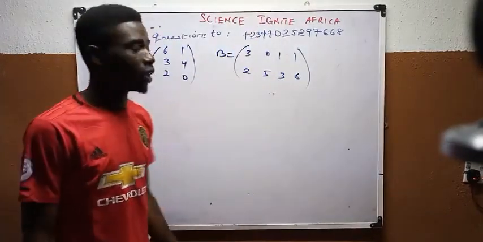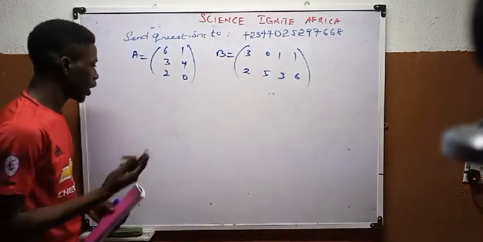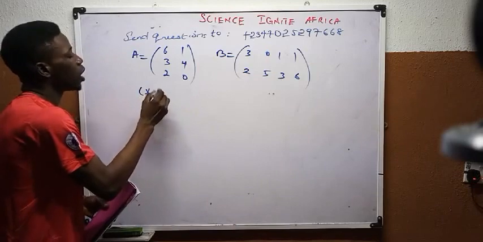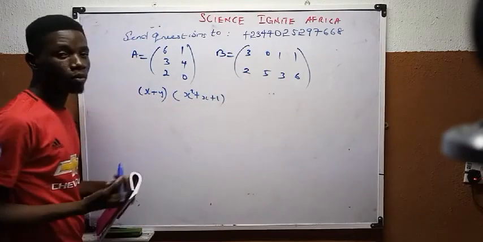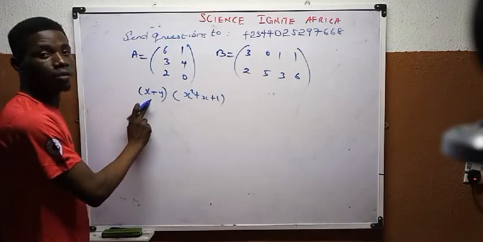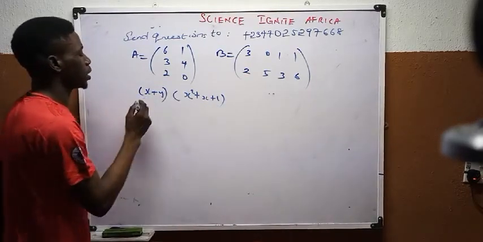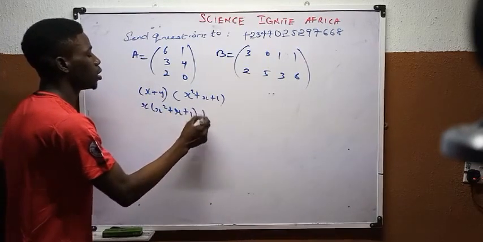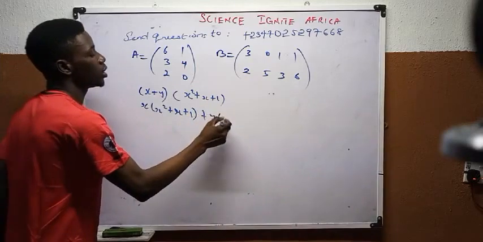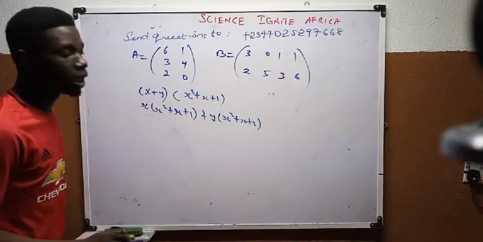I will do it for every column that I have here, and then repeat the same thing for every row. Just like look at this: if I have x plus y multiplied by x squared plus x plus 1, what will I do? I will pick x and use it to multiply this through. I'll say x times x squared plus x plus 1, plus y times x squared plus x plus 1. You can see what I'm doing.